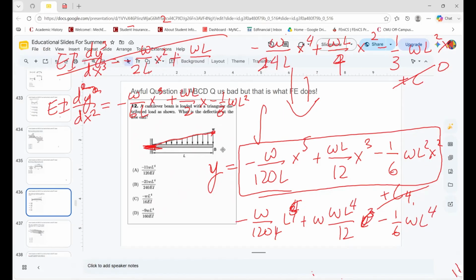Okay, obviously go to your calculator and multiply the coefficients. So minus 1 over 120 plus 1 divided by 12 minus 1 divided by 6. Okay, I get 11 divided by 120 minus. So omega L⁴ divided by EI is all you need.